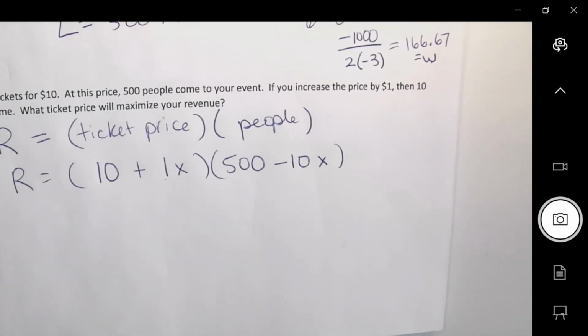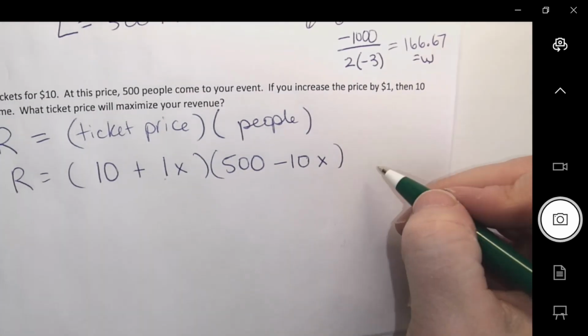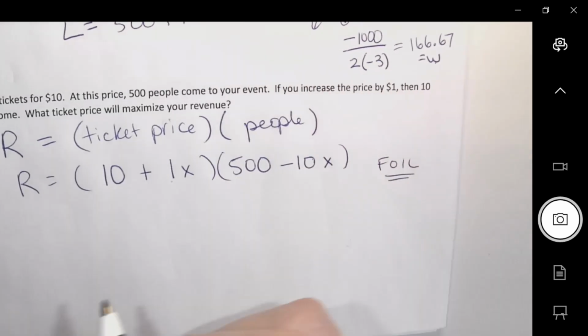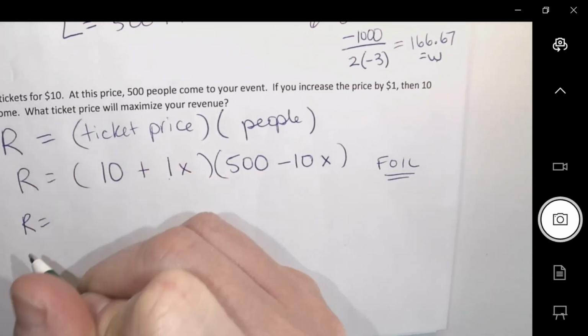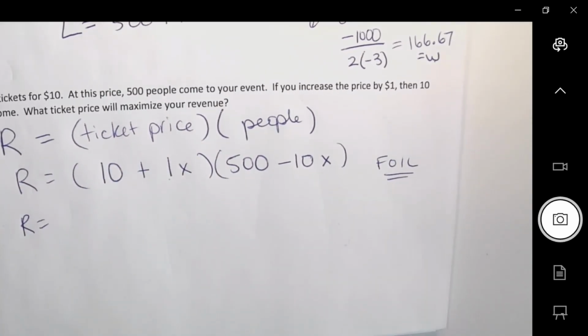What did we do when we hit this stage on the last word problem? We will FOIL. Can you do that correctly? Give me all 4 parts and you should be able to combine the OI. Yes, it will also be backwards. Let's see if you can do this. I feel like some of the mistakes are in this part of it.